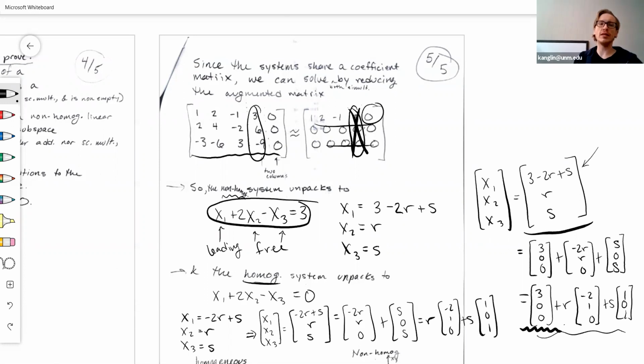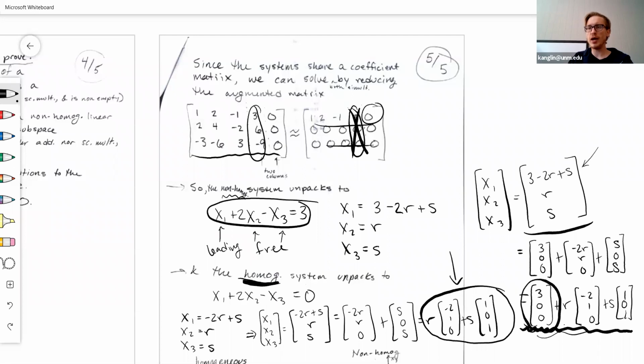So this is great. We're seeing that the homogeneous system has a set of solutions that's really just any linear combination of (negative 2, 1, 0) and (1, 0, 1). The non-homogeneous system is that same thing, except it's all shifted, or added, by this fixed vector (3, 0, 0). But something about this stuff is what's important, right?